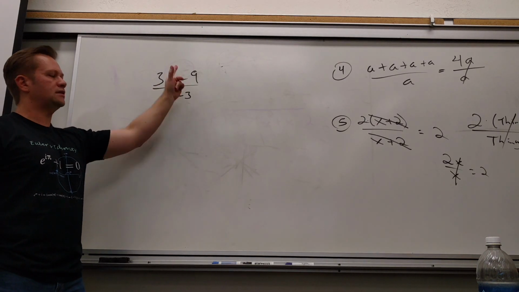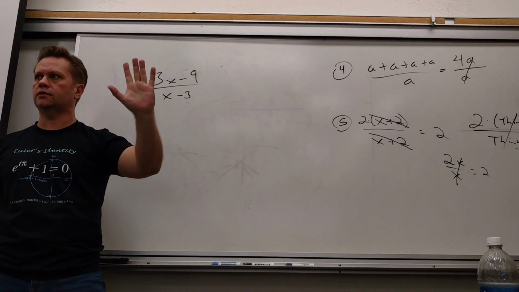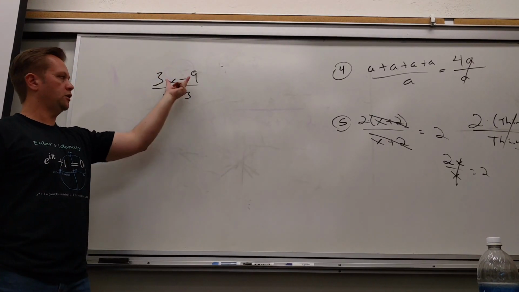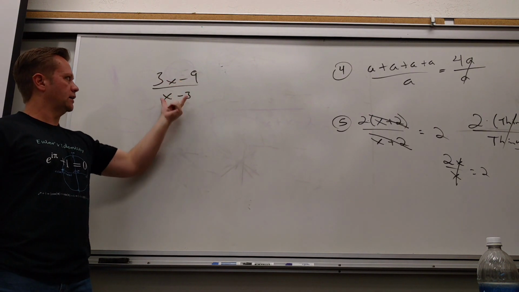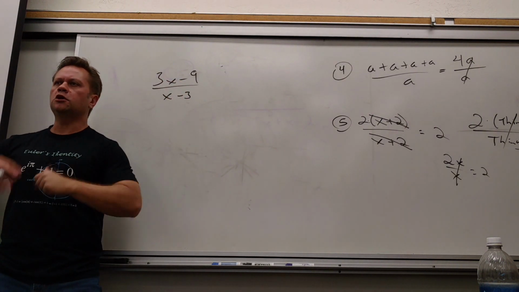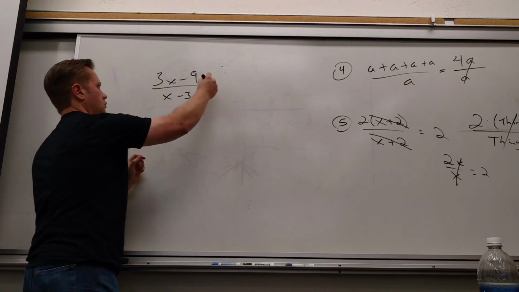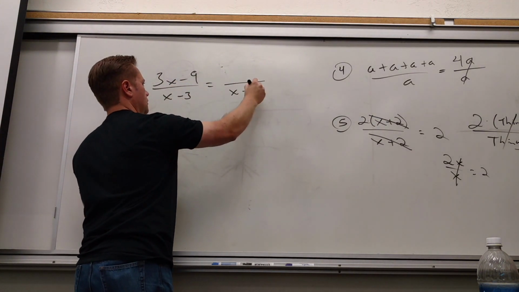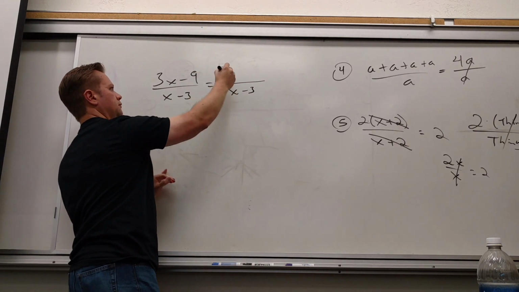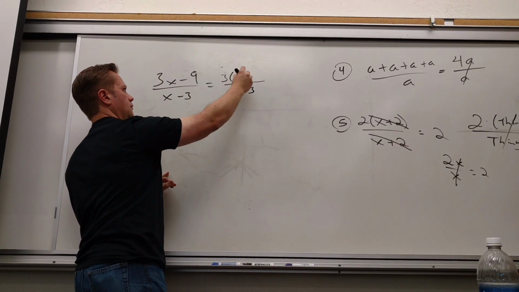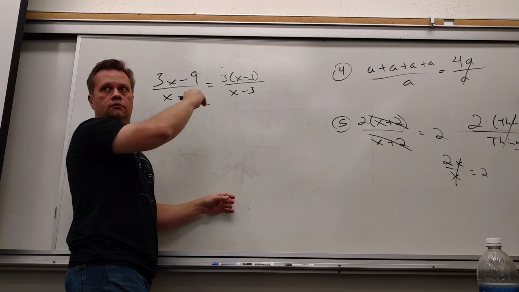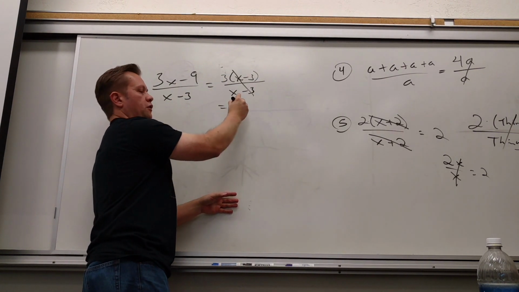There's nothing that's the same on the top and the bottom. Do I see an x minus 3 up here? No. Do I see a 3x minus 9 down there? No. So which part can I factor? The top. So leave the bottom the same. Rewrite the top. What comes out? 3 times x minus 3. Now what cancels? X minus 3. So you're left with 3.